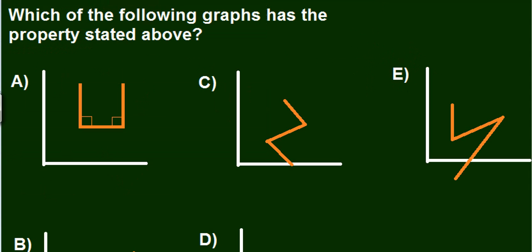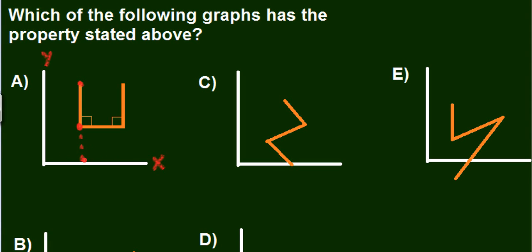Alright, so looking at our first choice A, let's see if it has what we're looking for. As I go along, I see right from the beginning we have a point here and we have a point here, and they're both at the same place on this x-axis, right? I could label this just for helpfulness, I'll label that x and y.